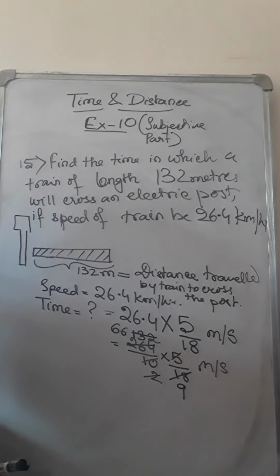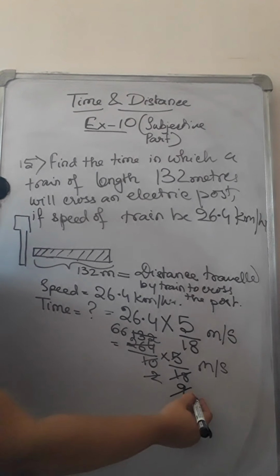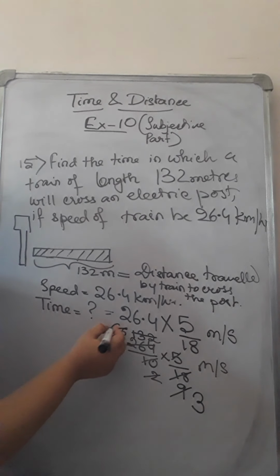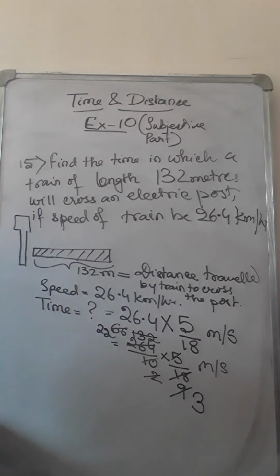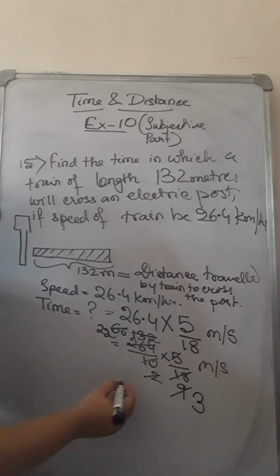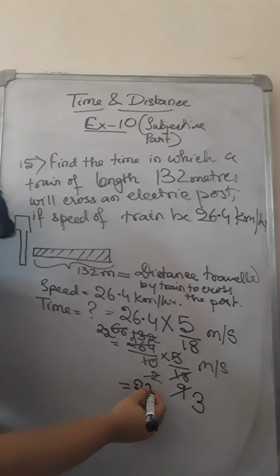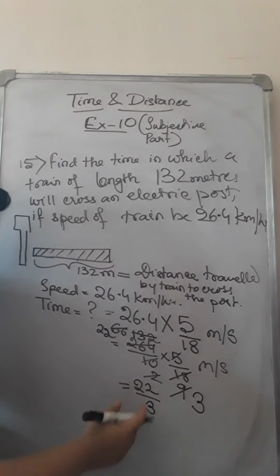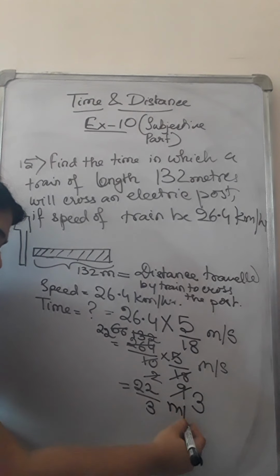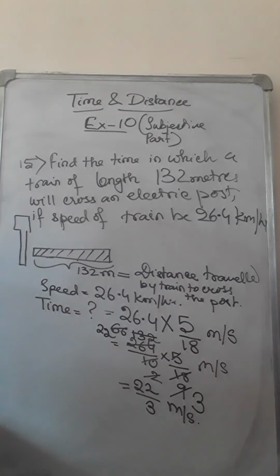Now 66 and 9 again with 3, 3 3s are 9, 3 2s are 6. So 22 by 3 is the ultimate speed we have got. I am not changing it into decimal again. I am keeping it as fraction because it will help me in my calculation.